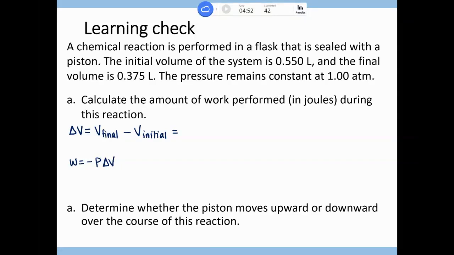So change in volume is final volume, which is 0.375 liters, minus initial volume, 0.550 liters. That gives us a change in volume of negative 0.175 liters. We end with a smaller volume than we started, so our change in volume is negative.